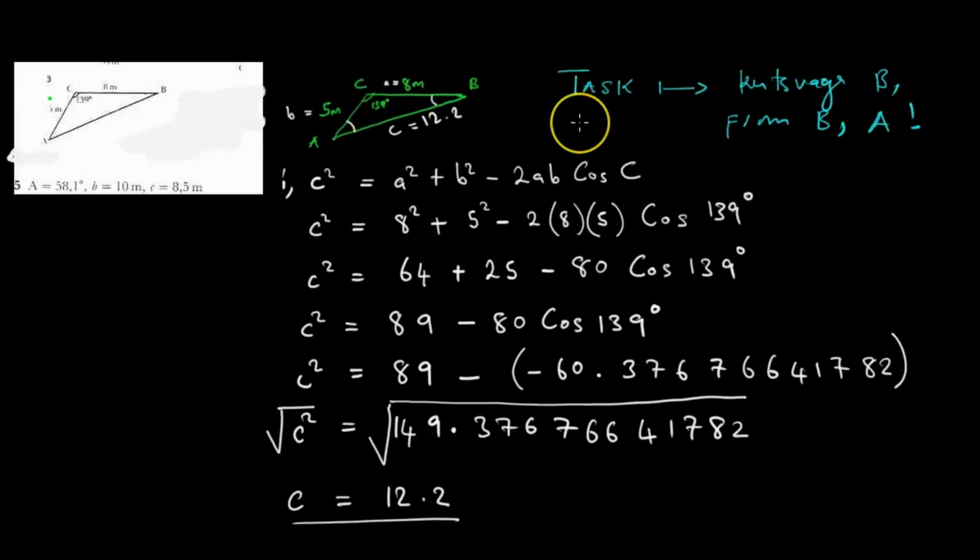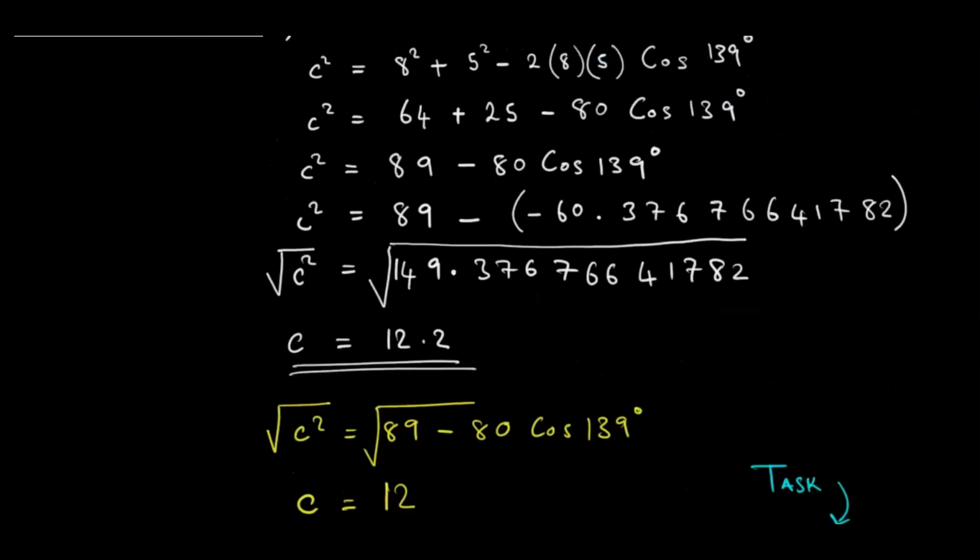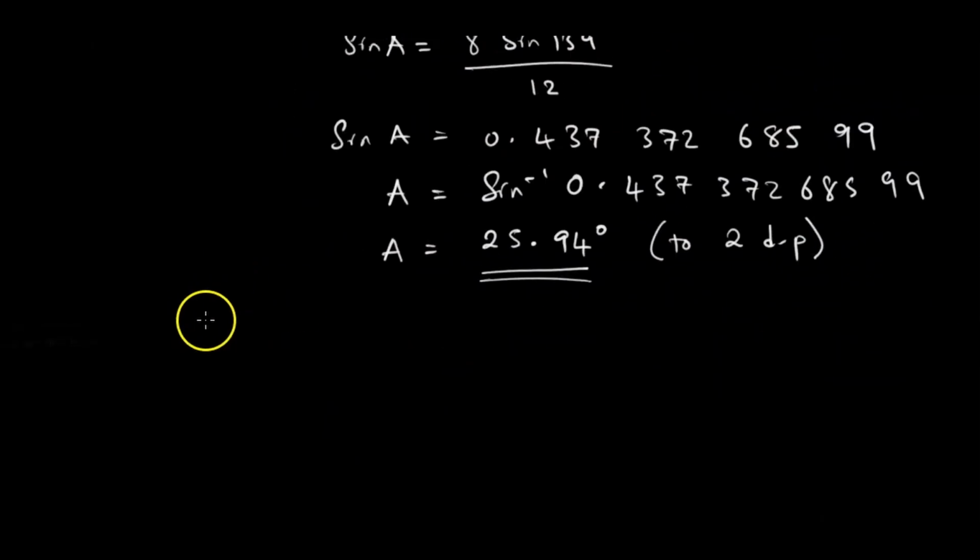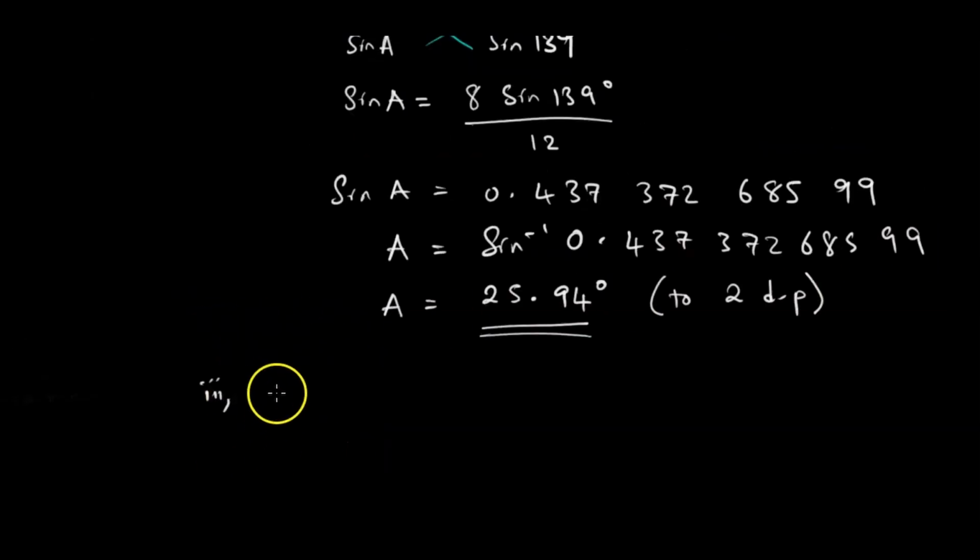We can use the idea that the sum total of angles inside a triangle is 180 degrees. This means that as our part 3, we are just going to formulate this simple equation. Angle A plus angle B plus angle C should give us 180 degrees.